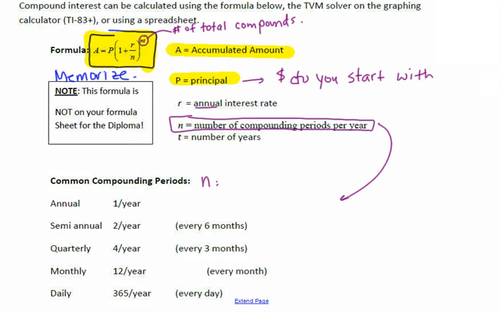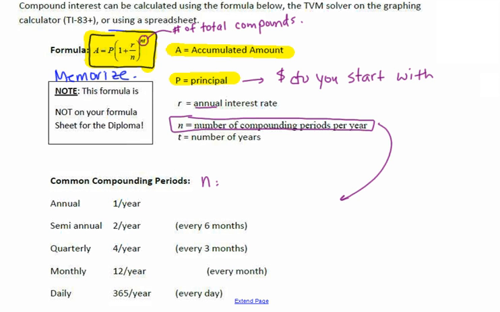And here you'll see R divided by N. Remember, R is your yearly interest rate divided by the number of compounds per year. That means the interest rate per compound. So if I have 12% annually compounded monthly, what's my interest rate per compound? It's going to be 1% per month.